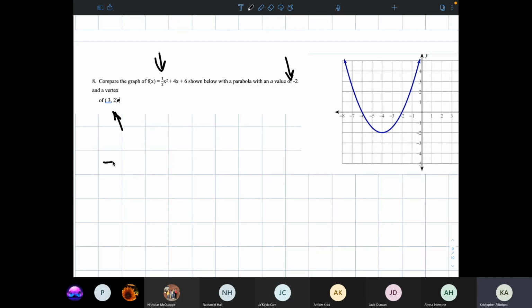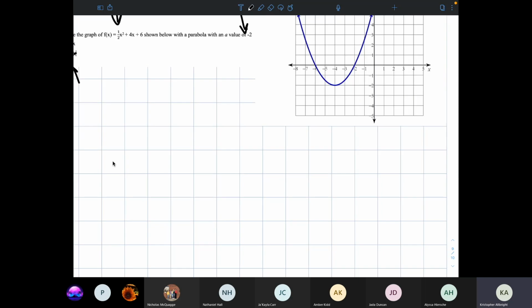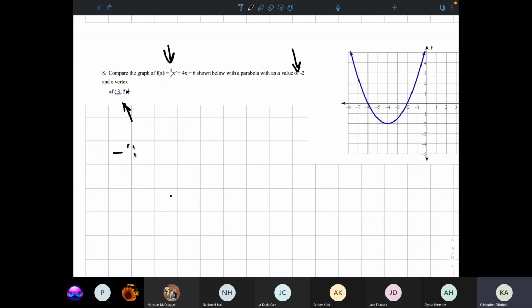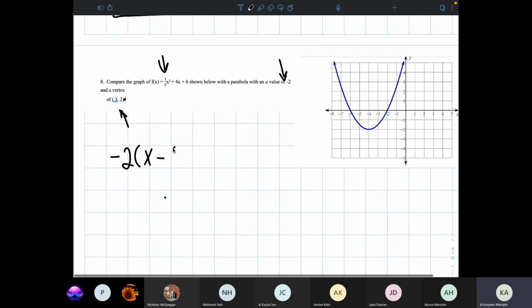So if we have the a value of -2, x minus 3, squared plus 2, and we have that equals y. So this is our new equation.